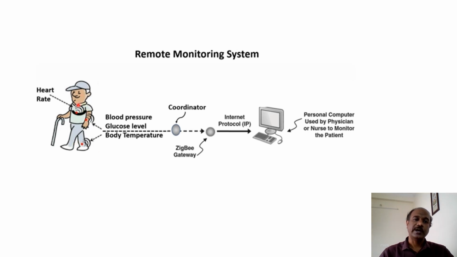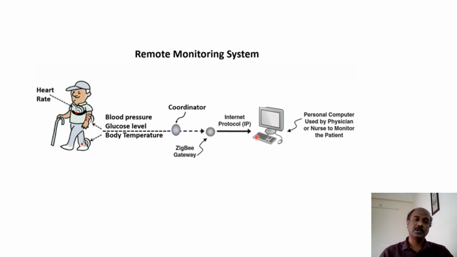Wirelessly, these measured parameters will be sent to the ZigBee coordinator again. This coordinator will send that data through a gateway, through the internet, to the computer of the doctor, the physician, who has an internet enabled computer.